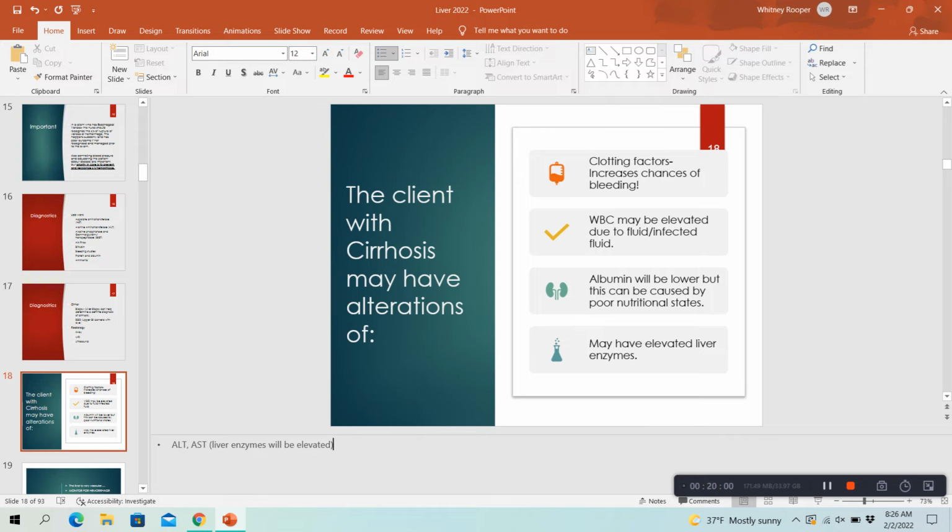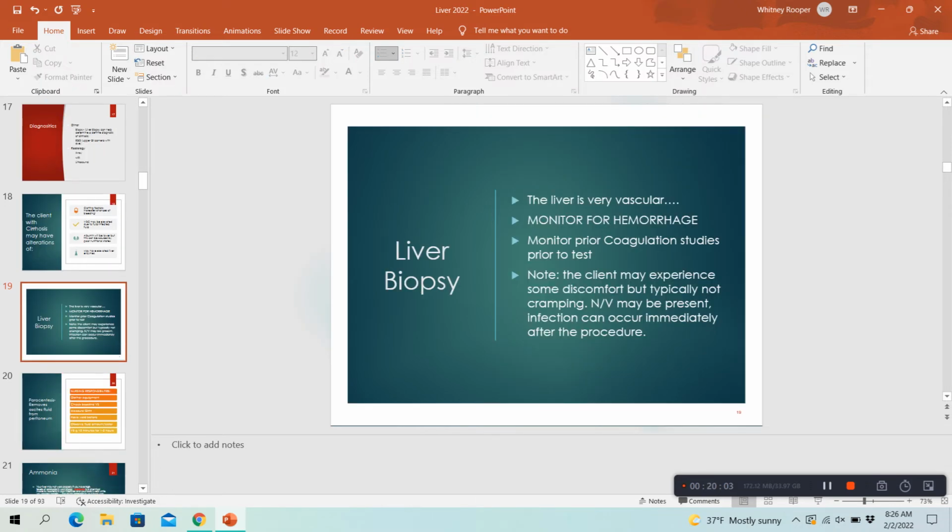A liver is very vascular. As you saw in the picture I showed you before, there's a lot of veins that come from the liver, right? So when we do a liver biopsy, they can hemorrhage when they come back to you. So you need to monitor them very closely. You would want to check their PT/INR before they have the biopsy.